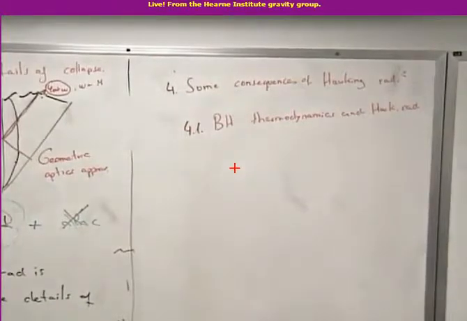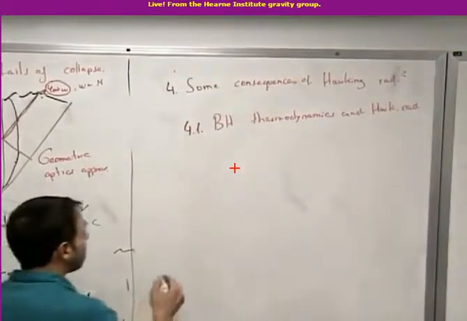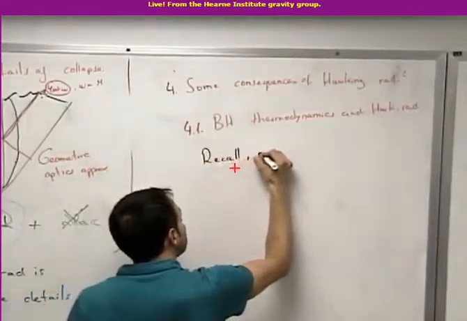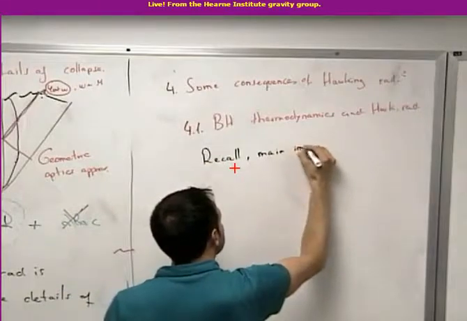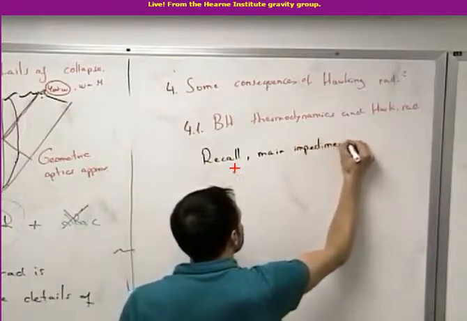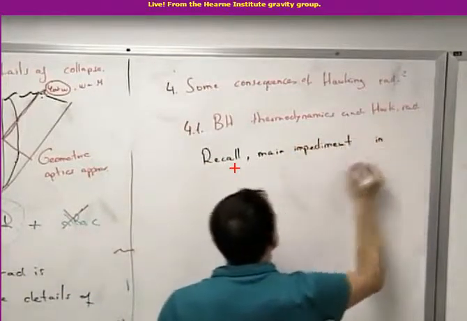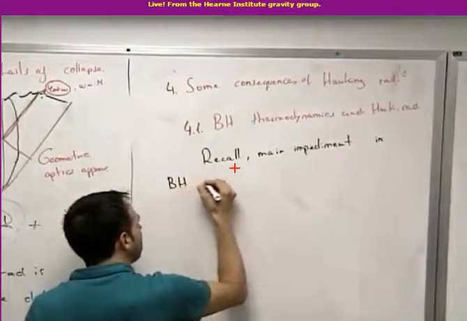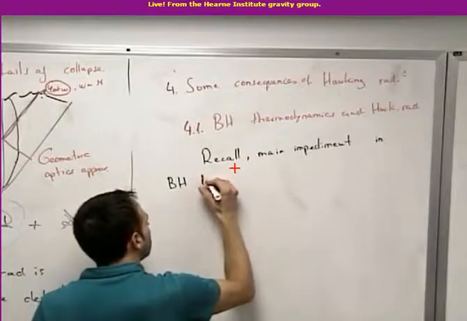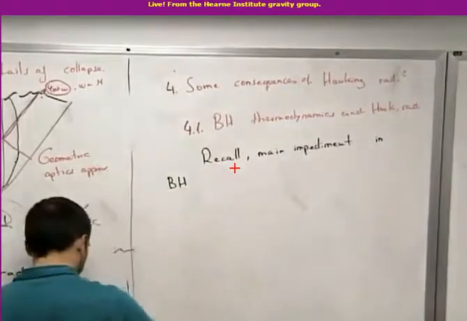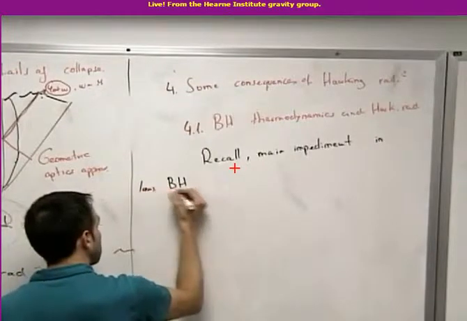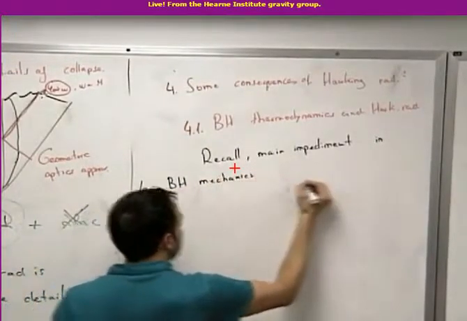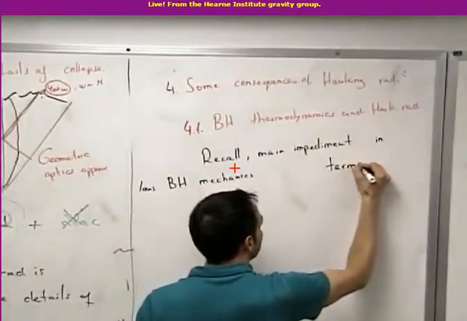So the argument is that we have to recall the main impediment in bringing the analogy between the black hole, or the laws of black hole mechanics, and the ordinary laws of thermodynamics.